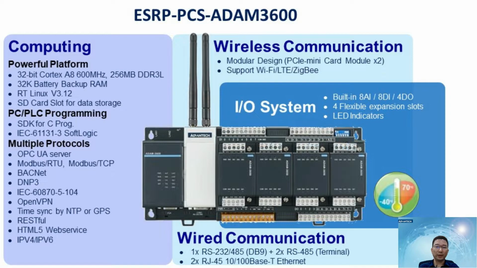We have 4 flexible expansion slots and also an LED indicator. This module also supports RS-232 or 485 with a DB9 connector, and 2 RS-485 with terminal block. We also have 2 RJ45 ports. This module also supports a wide temperature range from -40 to 70 degrees Celsius.